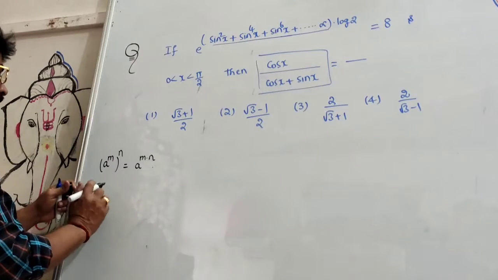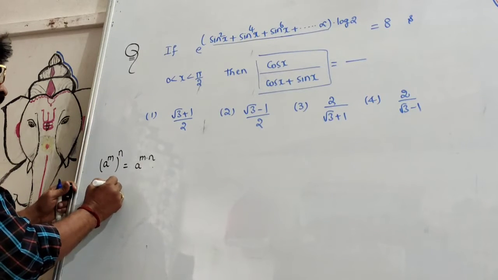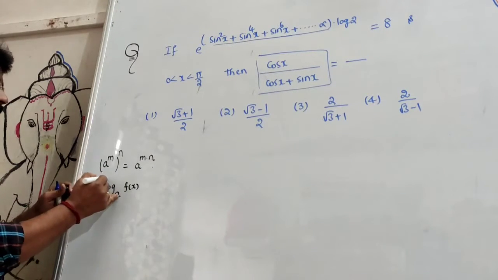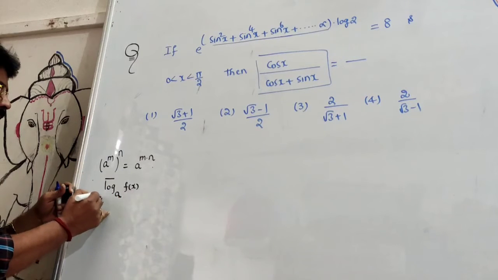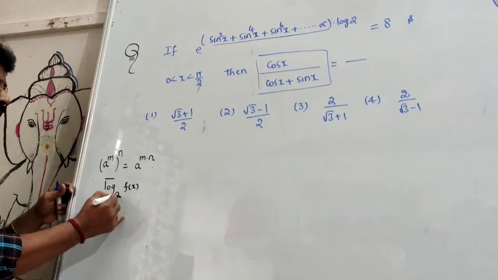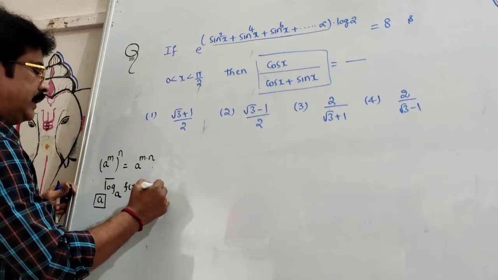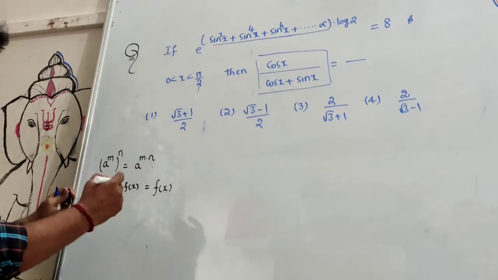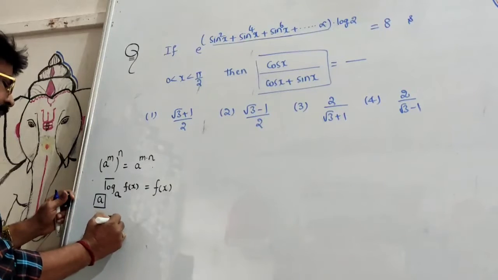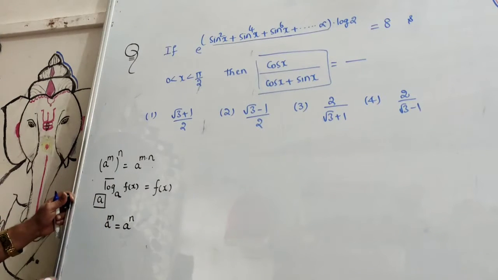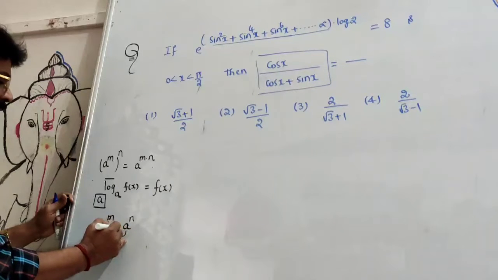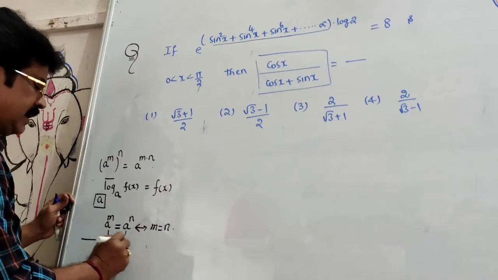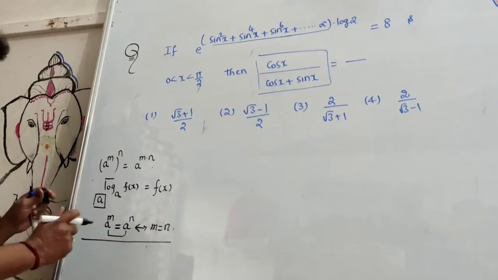Later, a to the power of log base a of f of x: when the bases are the same, it is simply f of x. Next, if a to the power of m equals a to the power of n, the bases are the same and equality is there, then m equals n. So this problem depends on these fundamentals.